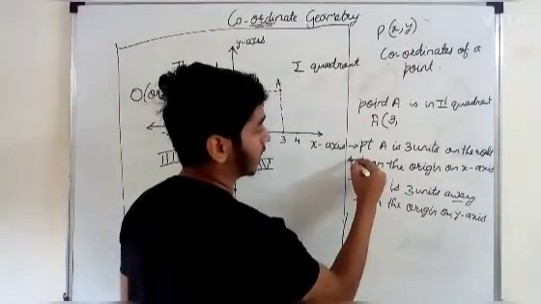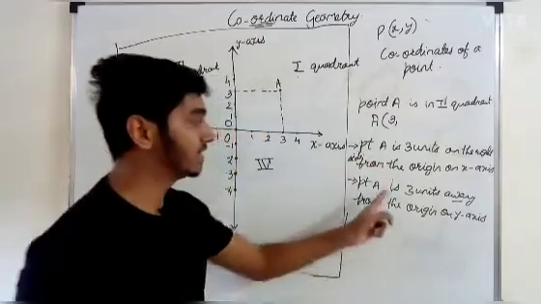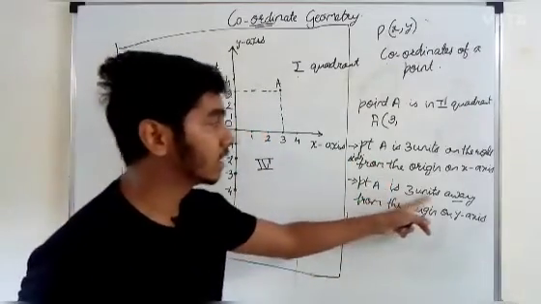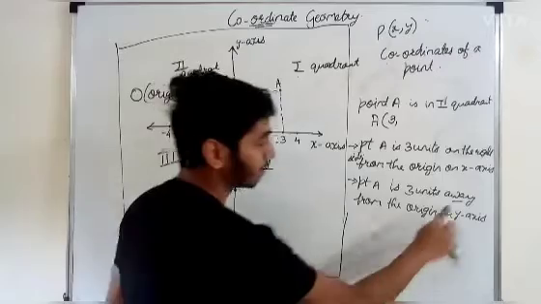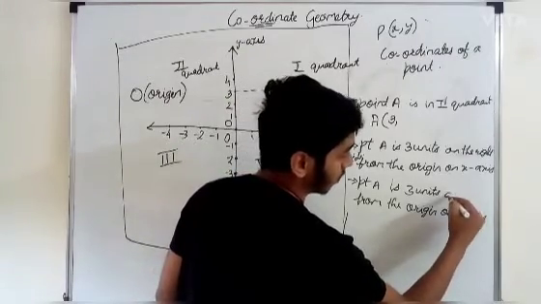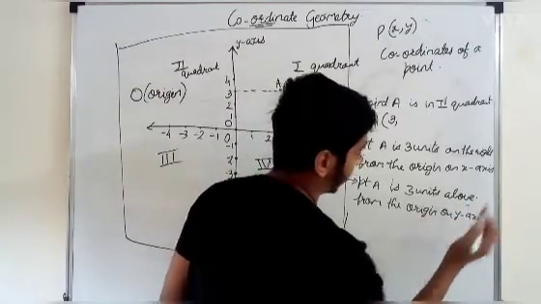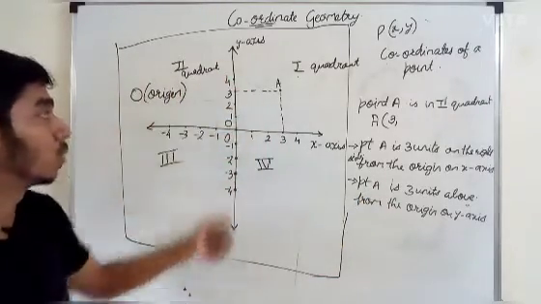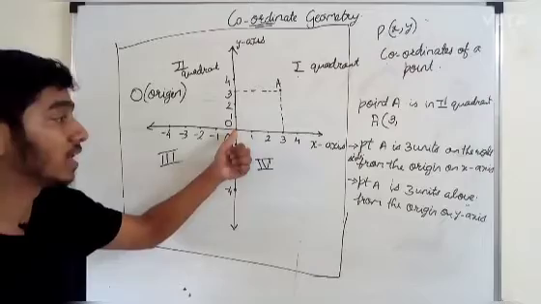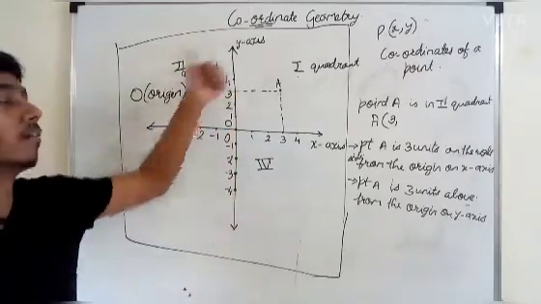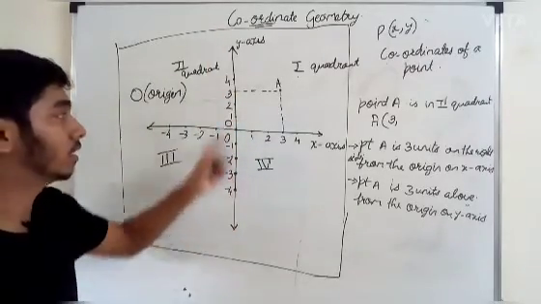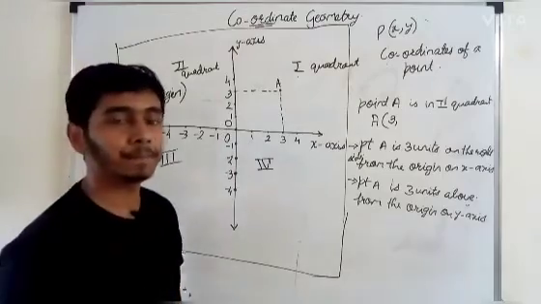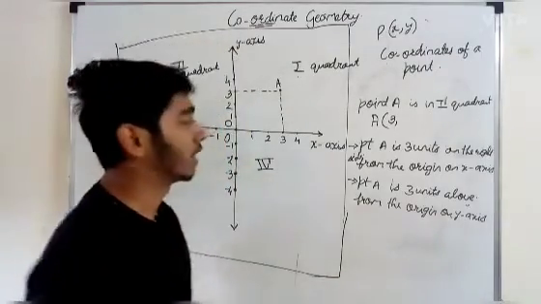In the same way, we say point A is 3 units above the origin on the y-axis, because it can be 3 units below also and above also. So there are 3 units on both sides. Correct? I hope you have understood this.